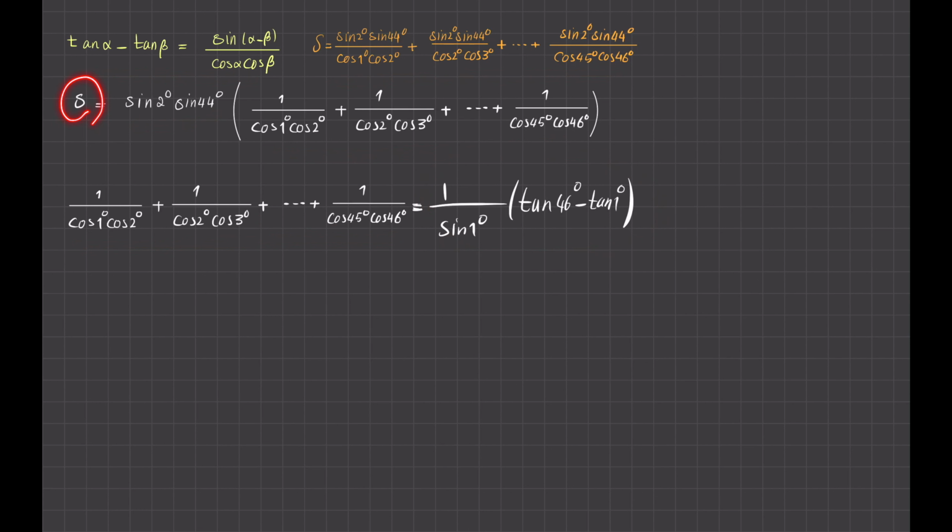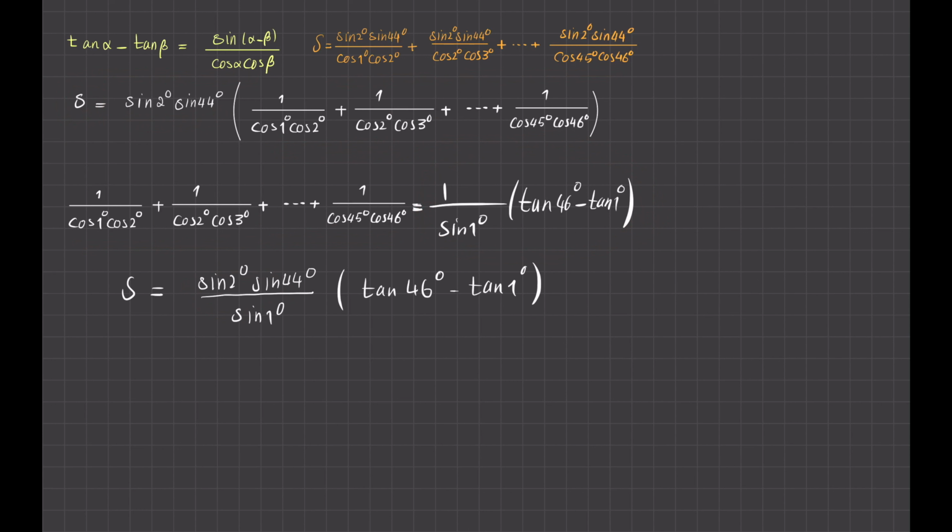So S is equal to, I take this factor and write it here, and instead of this expression I simply write that. So what happens? It becomes sine of 2 degrees sine of 44 degrees divided by sine of 1 degree, and then multiplied by tangent 46 degrees minus tangent 1 degree.